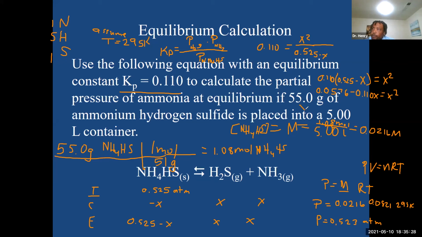And so if we bring it so that we have the X squared with a positive value, we'll bring these all over here, we'll get plus 0.110x minus 0.0576. And then we just use the quadratic equation.